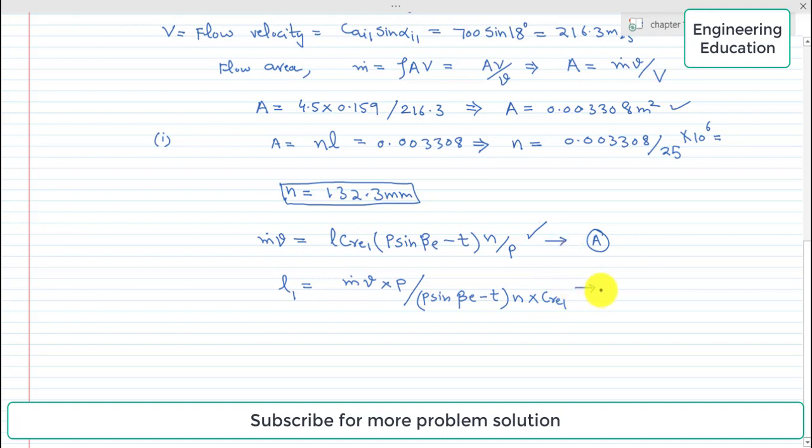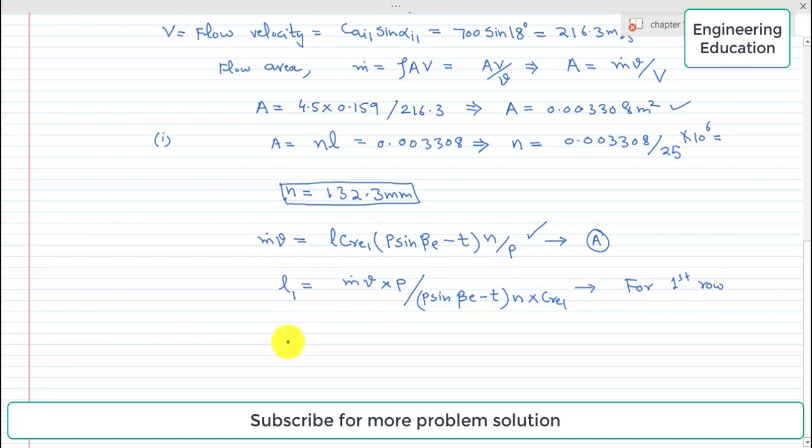So this expression was written for first row.